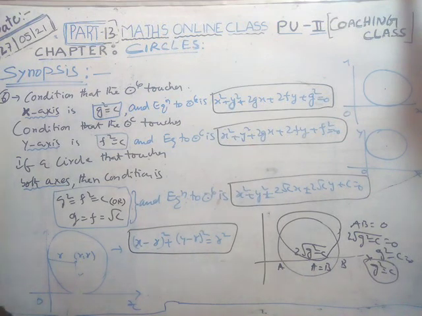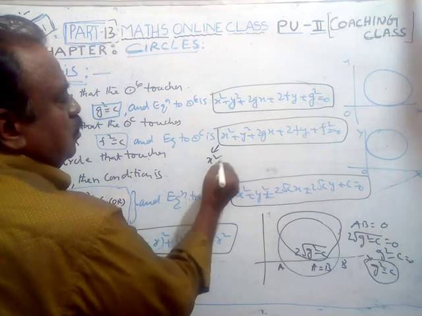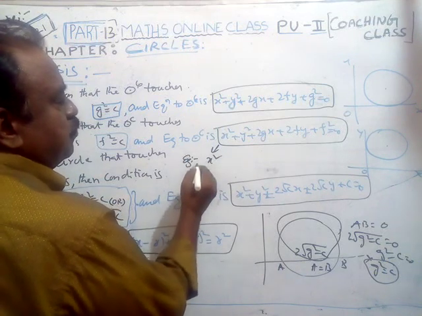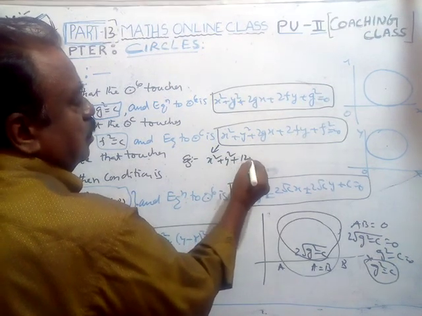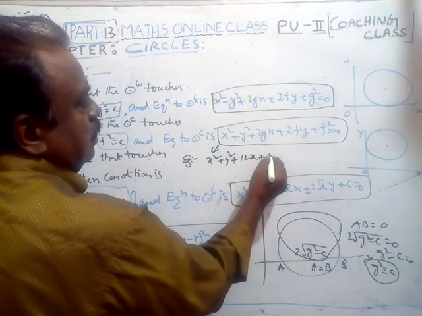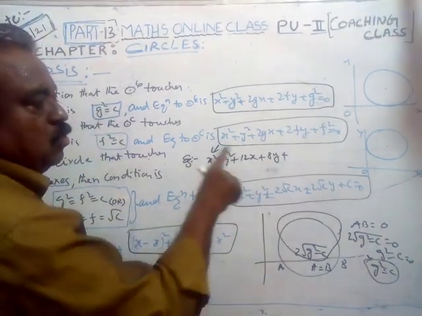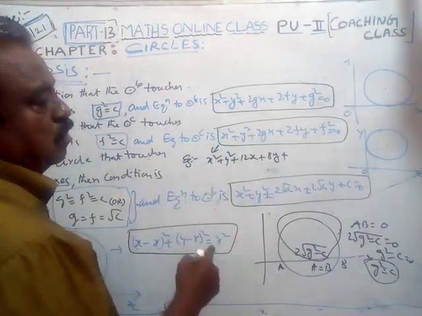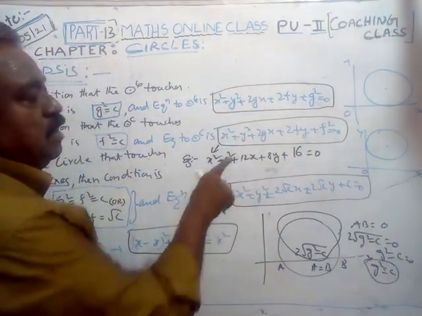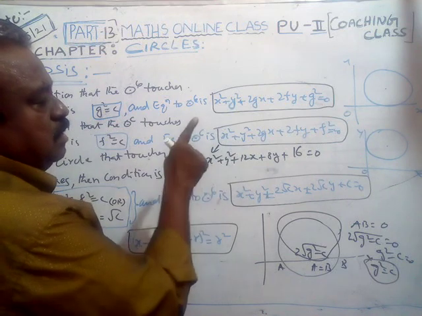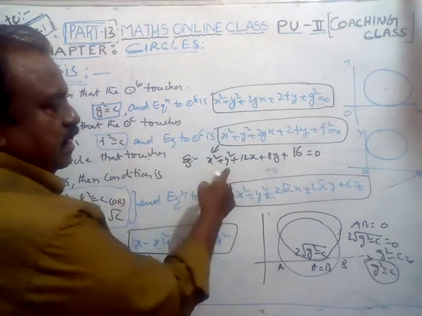Suppose, for example, I will write one example. x square plus y square plus 12x plus 8y plus 16 is equal to 0. Here what is f? 2 into 4. Since c is 16, no doubt this circle touches the y-axis.